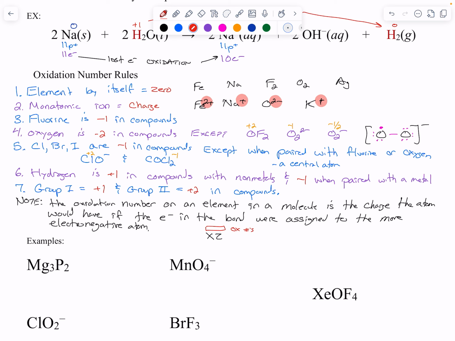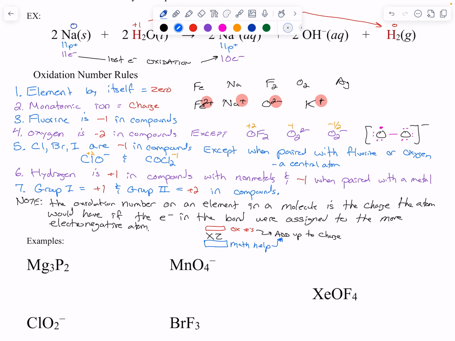And they add up to the charge. But I need down here my math help, which actually adds up to the charge. What do I mean? Okay.